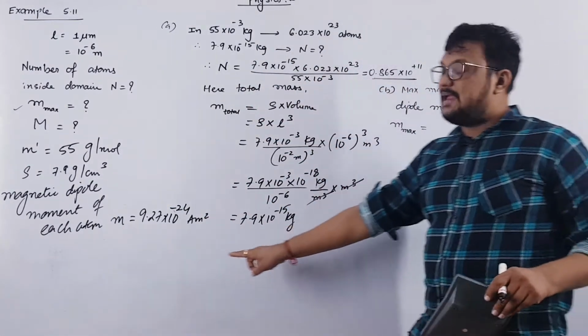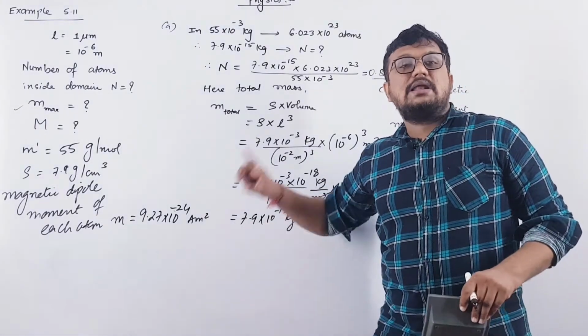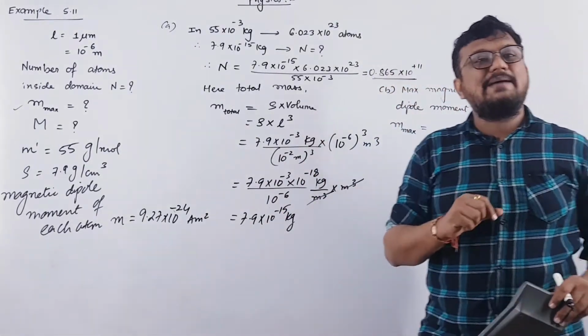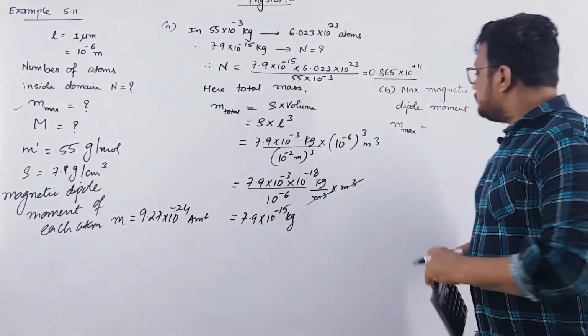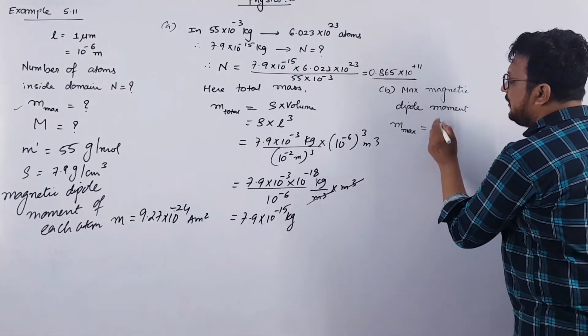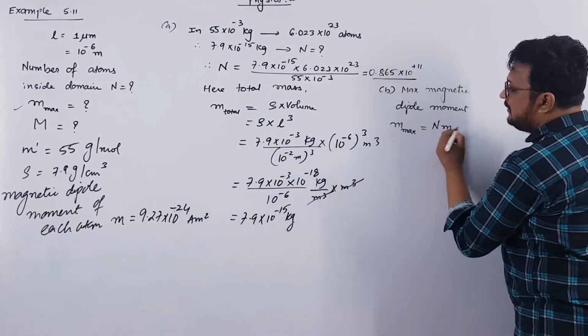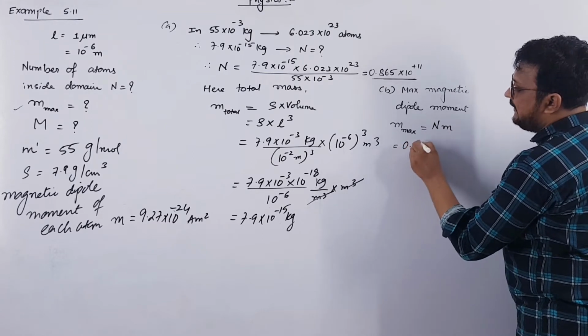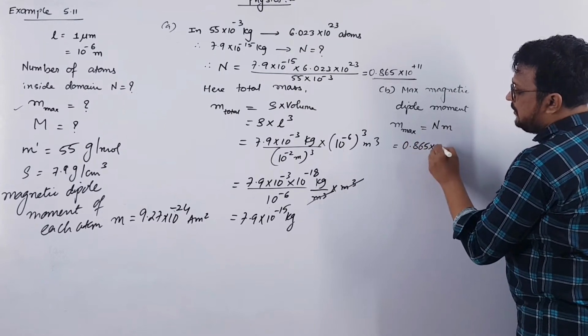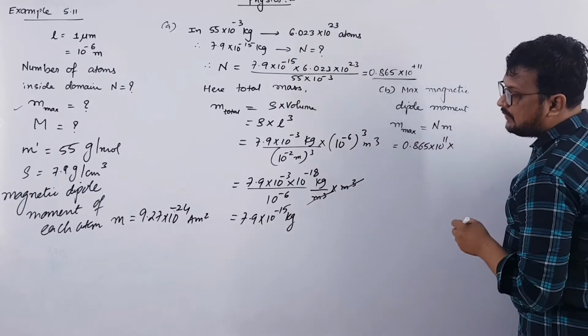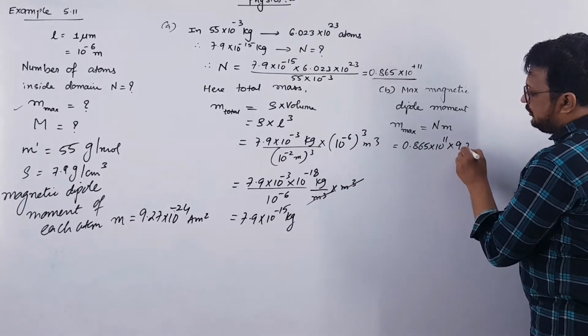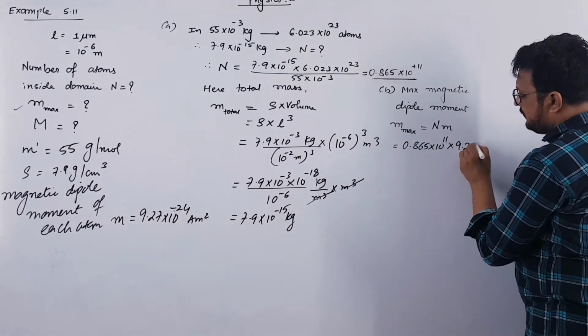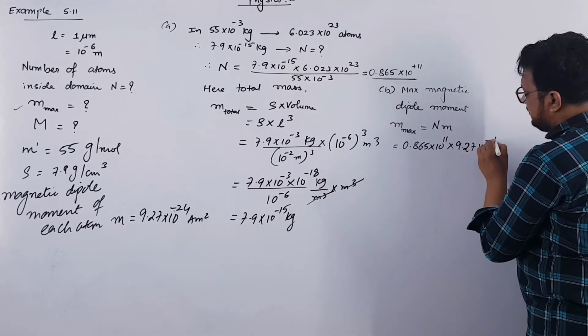So total magnetic dipole moment will be n into m. So that will be equal to 0.865 into 10 to the power 11 into 9.27 into 10 to the power minus 24.